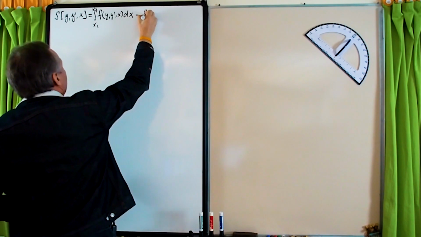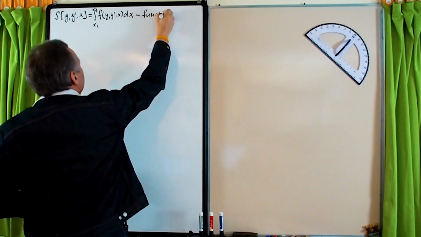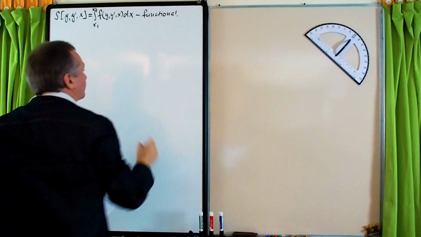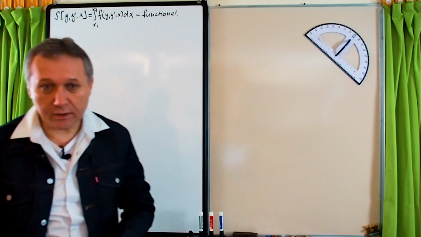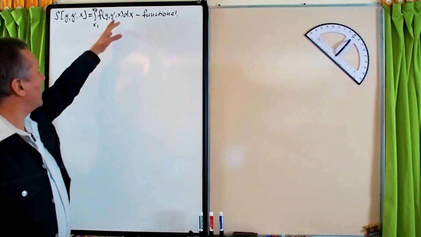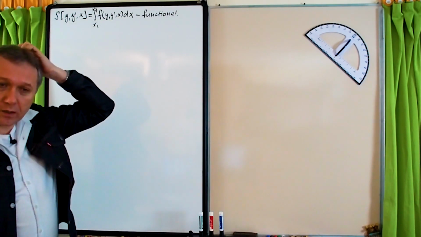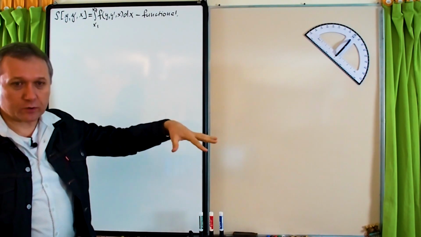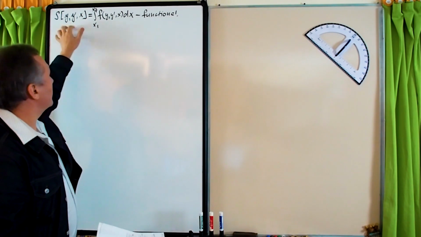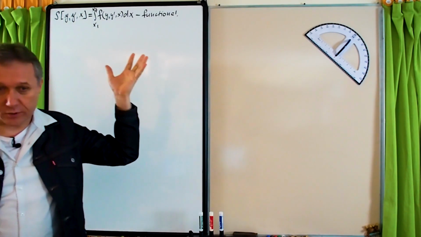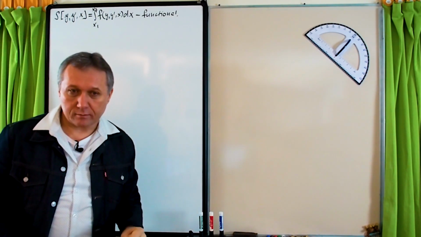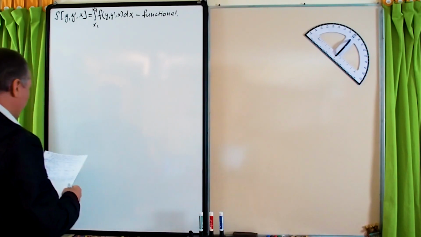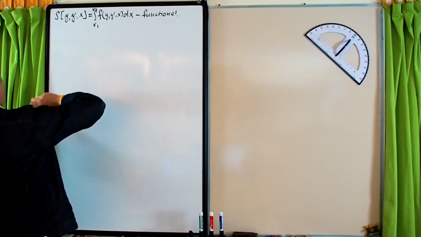That is the functional. What we need to find is y as a function of x, the path along which this functional is stationary. And we derived the Euler Lagrange equation.